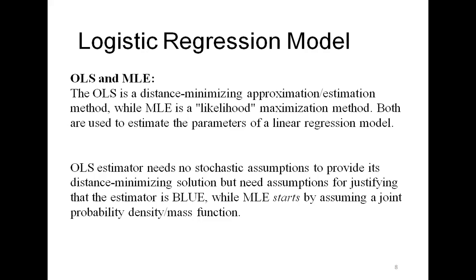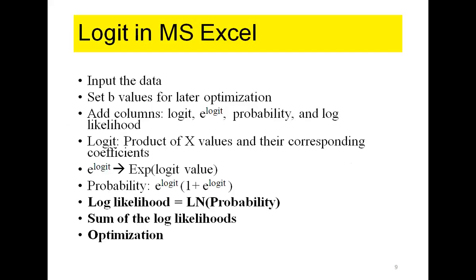Now, how do we estimate the logistic regression using MLE? We have to follow these steps. Once we have the data, we have to set beta values. If you have 3 different variables, then you'll have 3 parameter values plus 1 intercept, so we'll have 4 to set.